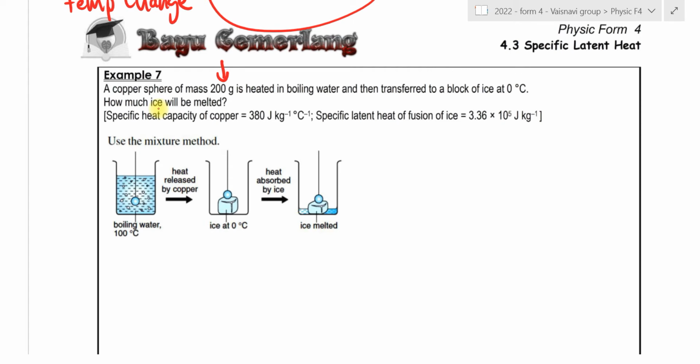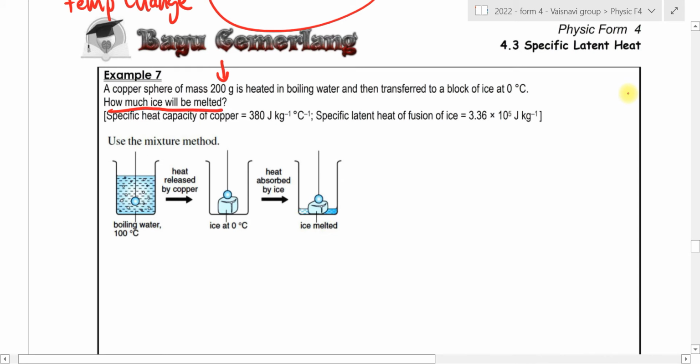Remember what is a mixture method? We learn in 4.2, I teach you. When you mix two substances, heat released by substance 1 equal to heat absorbed by substance 2. That is what we call mixture method. Now, the problem is we don't know the mass of the ice.